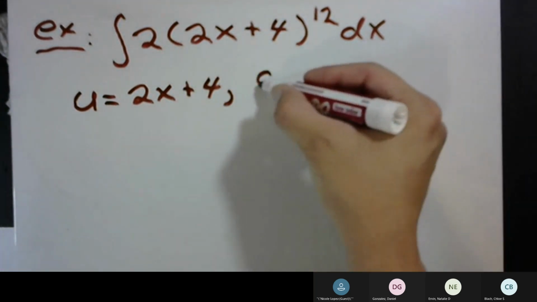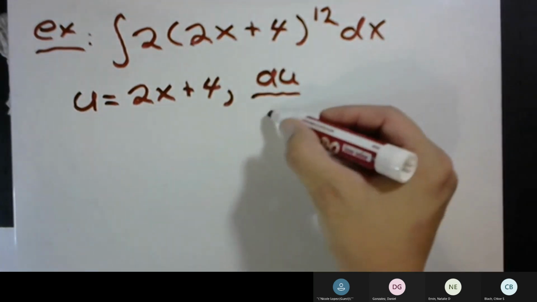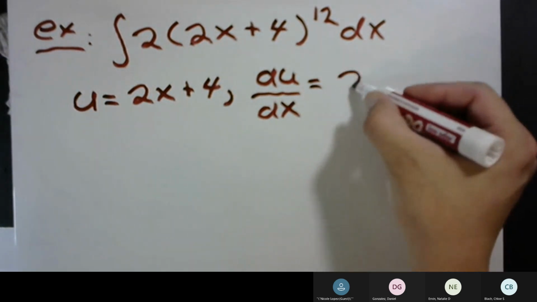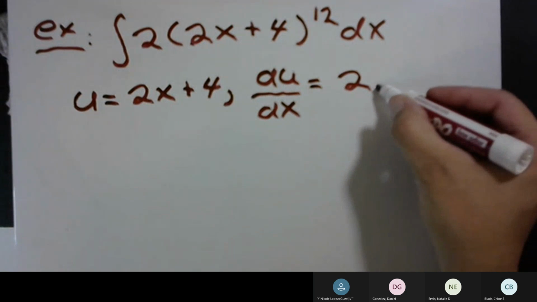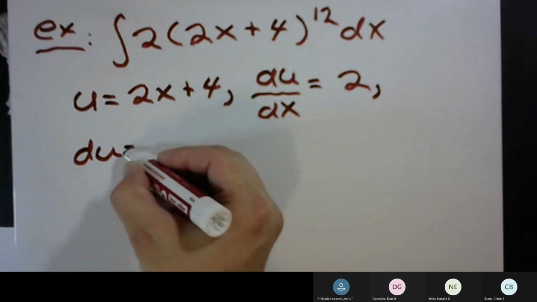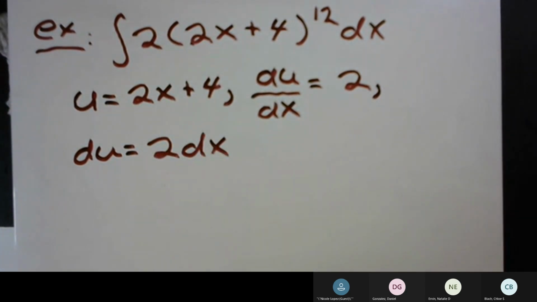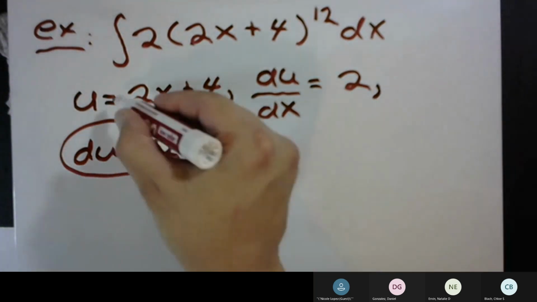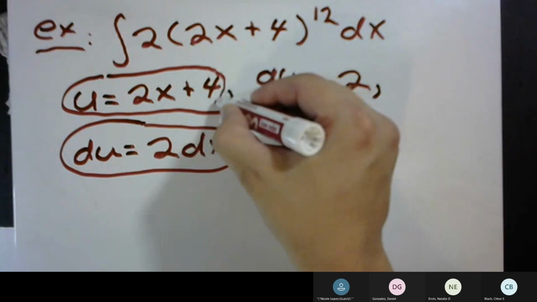And then now we calculate du dx. So we know we're going to replace this with u. We have du dx, and that's going to be just 2. The derivative of this is just going to be 2. And multiplying both sides by dx, we get du is 2 dx. So here are the key substitutions. This and this.